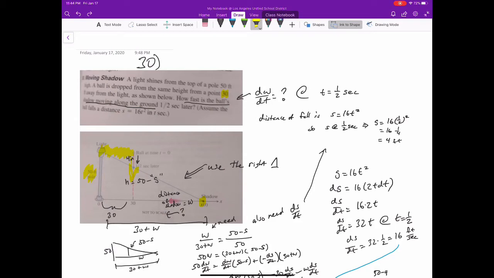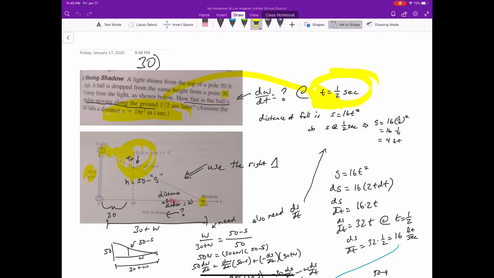Okay, so I decided to figure out, half a second later, how far did this ball fall? And they give us a formula right here: s = 16t², where t is our time, and our time is half a second.